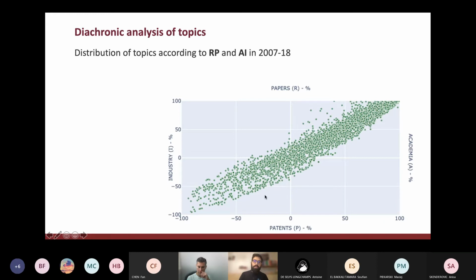So this analysis can help us understand which topics are mostly of interest to academia and published in papers, and also topics that are of interest to industry and published in patents. So this can be an interesting insight for people that work in science.